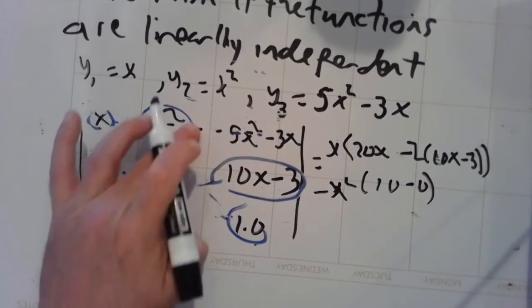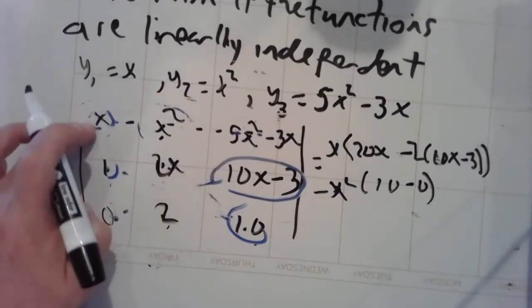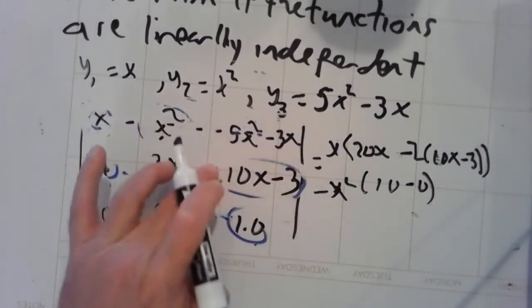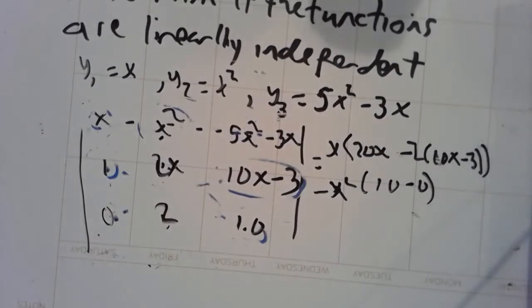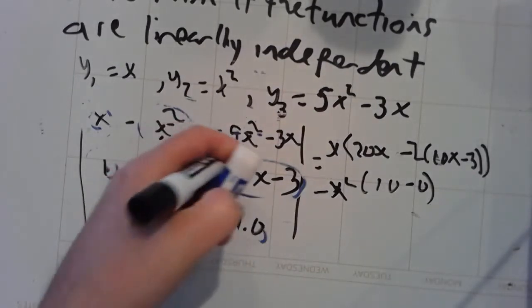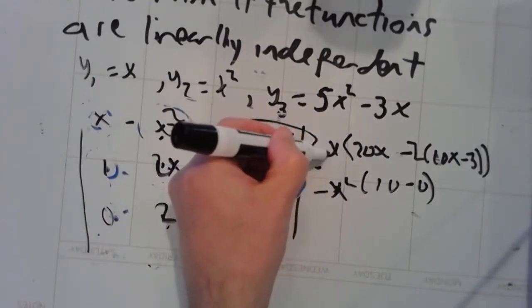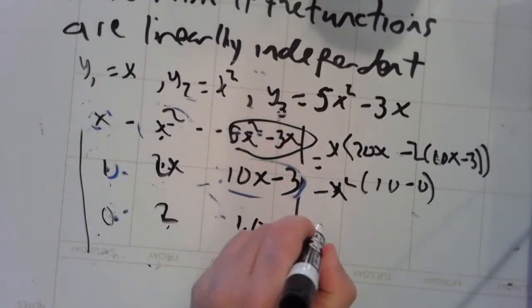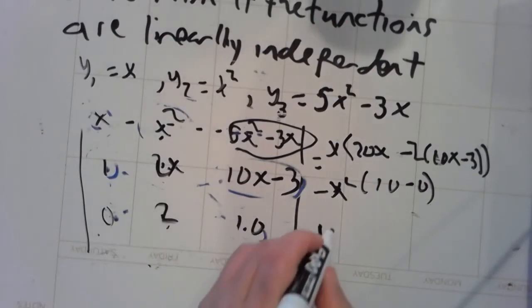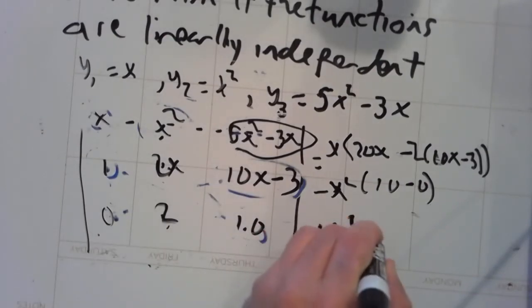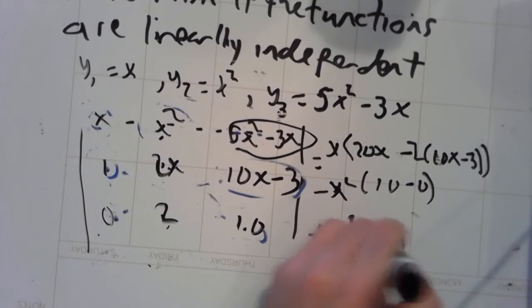And then we move on to our third element in the first row. So now we're using this one. Remember, it goes plus, minus, plus. Plus the first one, minus the second one, plus the third. So plus 5x squared minus 3x in parentheses.